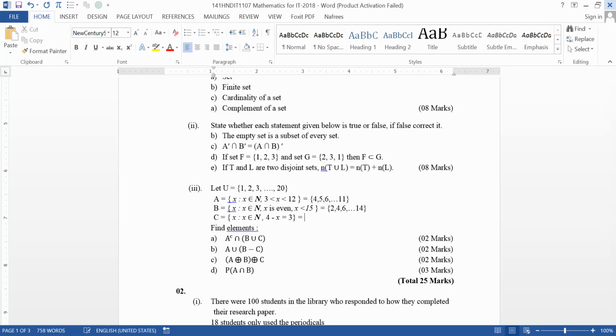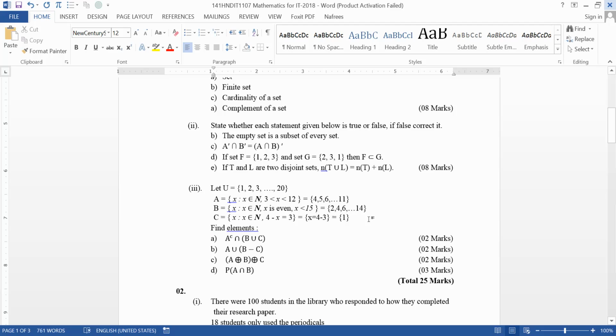And look here, set C. It is an X, but you have to find it using this equation. Directly you can find it, it's an equation. Therefore, from this equation you can write X equals 4 minus 3, which is equal to 1 only.